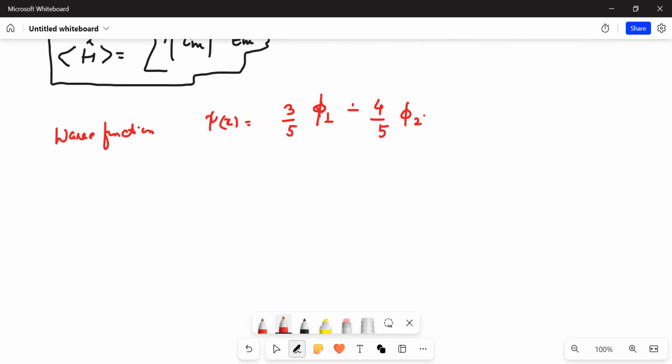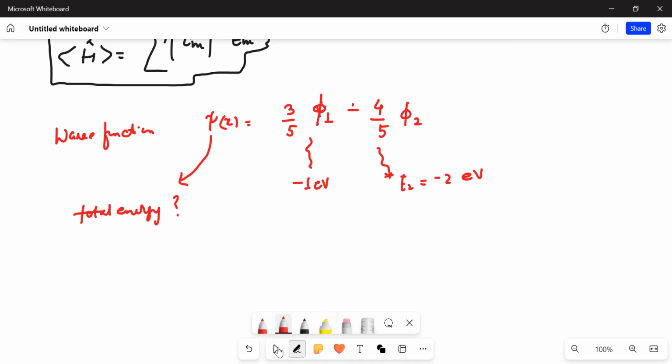Okay, so the wave function is given as 3 by 5 phi 1 minus 4 by 5 phi 2, where phi 1 x and phi 2 x are eigenfunctions with corresponding energy eigenvalues of -1 electron volt for phi 1 and -2 electron volt for phi 2. We want to find the total energy of the particle in this state psi.